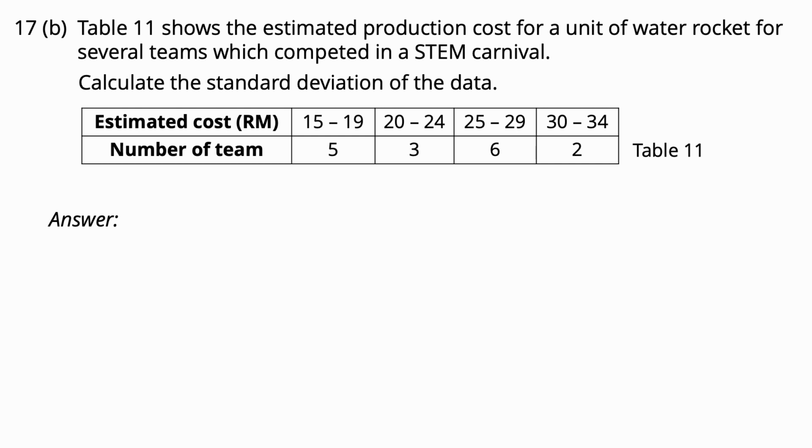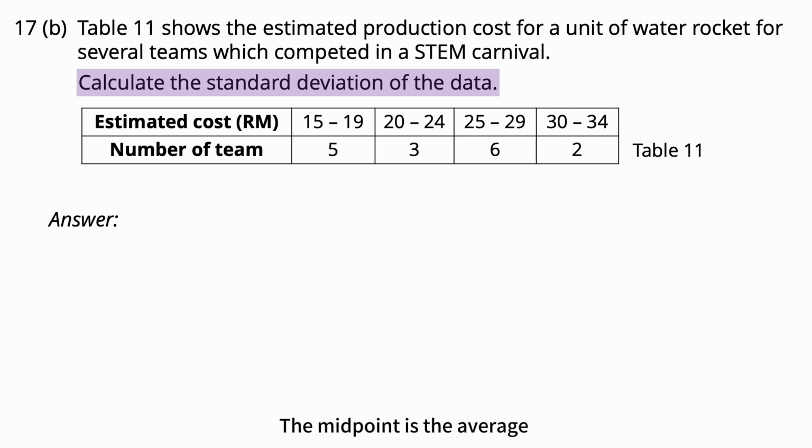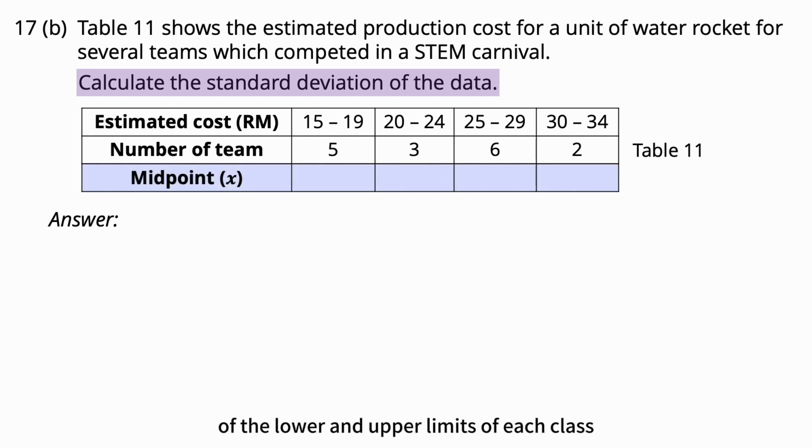B. Table 11 shows grouped data in 4 ranges of estimated costs. Let's calculate the standard deviation of the data. Step 1. The midpoint is the average of the lower and upper limits of each class. These midpoints will represent the estimated cost for each group.